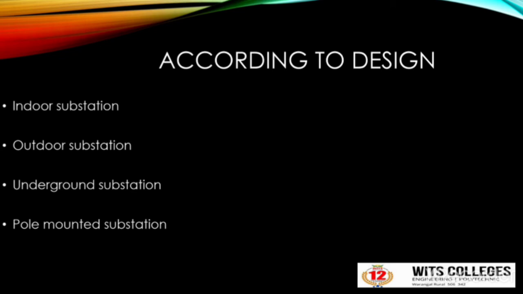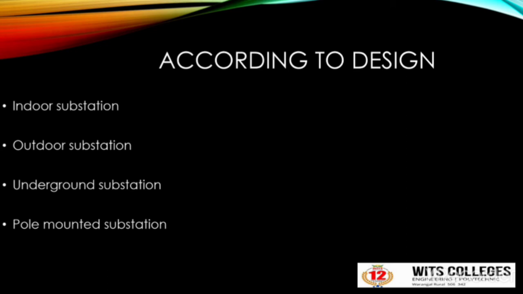And outdoor substation has more advantages. All the equipment in the outdoor substation is within view, the fault location can be easily identified, and the expansion of the installation is easier compared to the indoor substation.